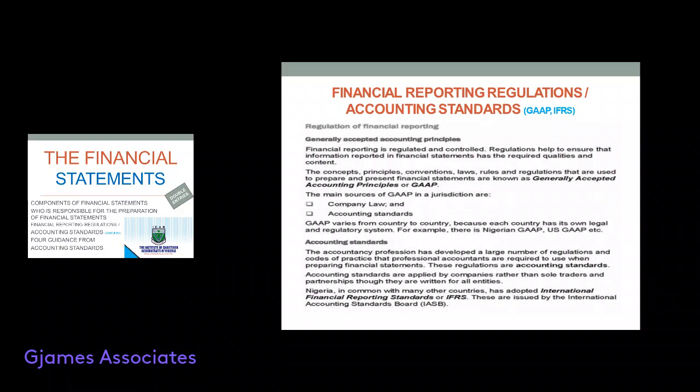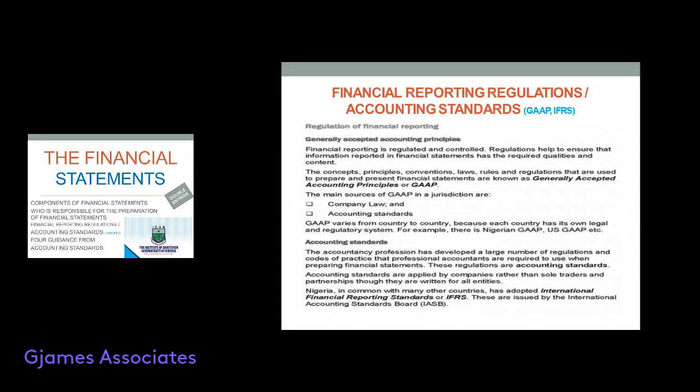Let me take for example IAS 1 about the accounting presentation. It is company-wide, it doesn't matter the industry you have. There must be comparison between the last and the current year.